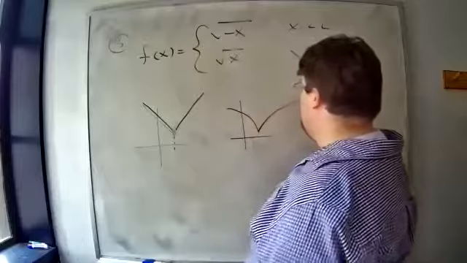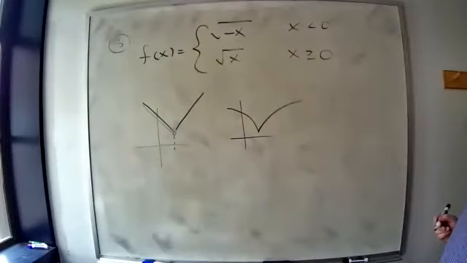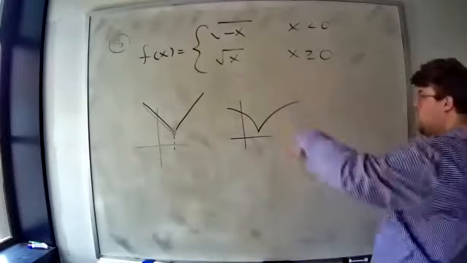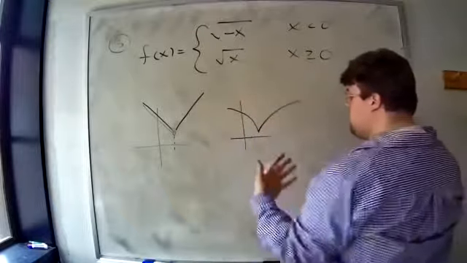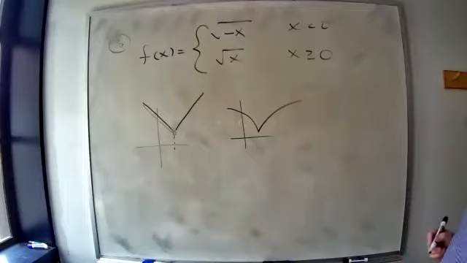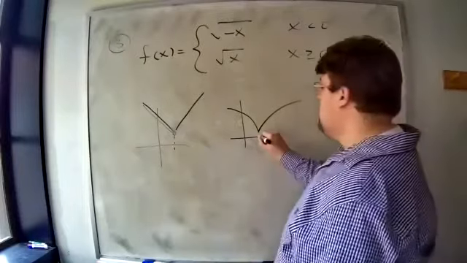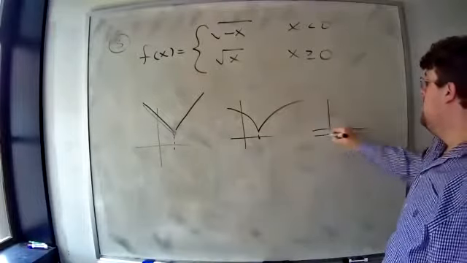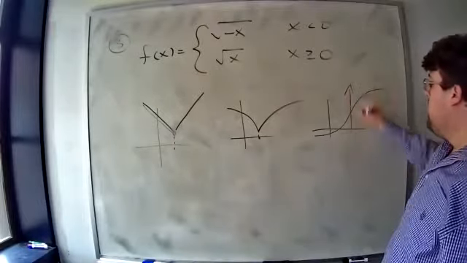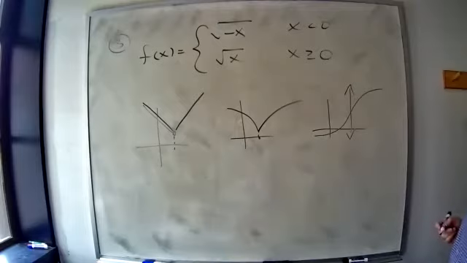The second type is something called a cusp, where it's kind of like a corner, but it's more arced as it approaches the corner on each side. The derivative doesn't exist at this point. We also covered vertical tangents, where if you have a vertical tangent, the derivative won't exist at that point.